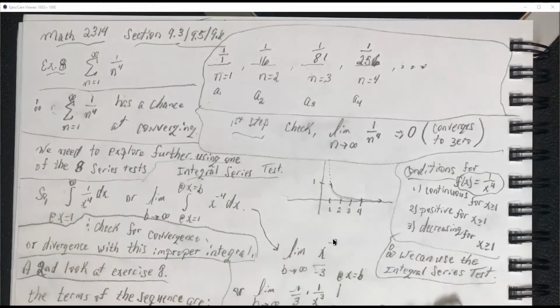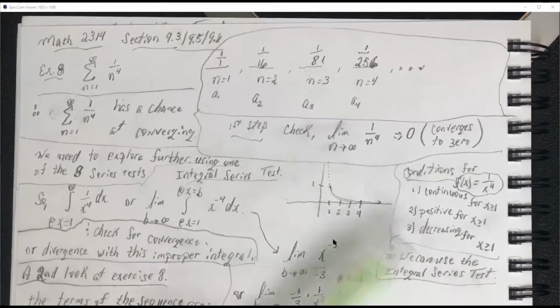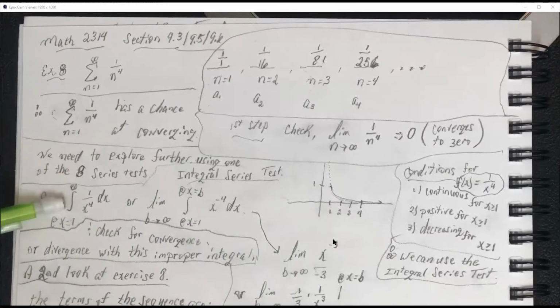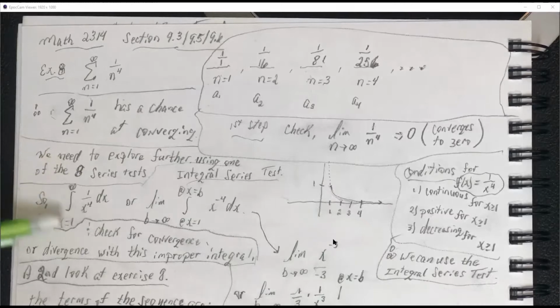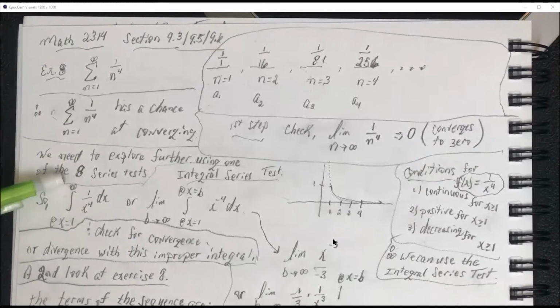No. So now that we can use the integral series test, we set our minds to integrating the function f of x, which is right here, from 1 to infinity.